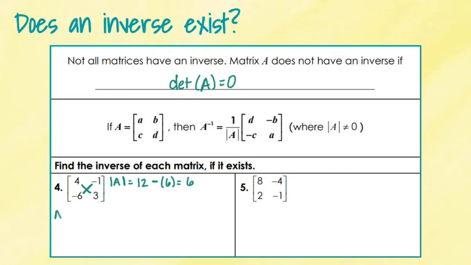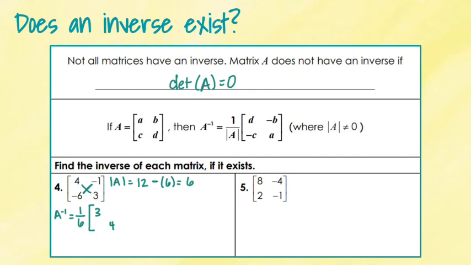So the inverse, A inverse, that -1 means inverse, is equal to 1 over the determinant of A, so that's 1 over 6, times, and then we flipped this all around. The way I remember this is A and D switch positions. So 3, then 4. And then B and C stay where they are, but they switch signs.